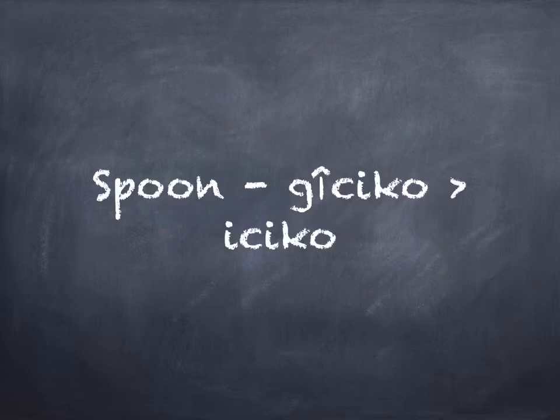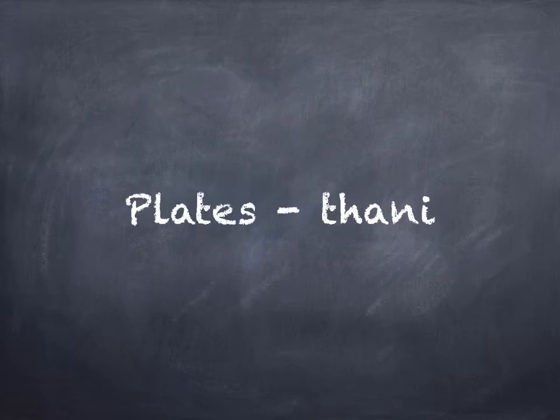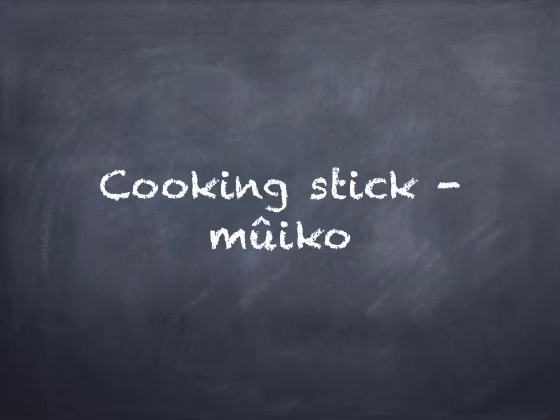A pan is called rogeo, while the spoon is known as giciko for one, and when there are two or more, they are known as isiko. Fork is known as homa, and the plates are known as dhani. Cooking stick is known as mûiko.